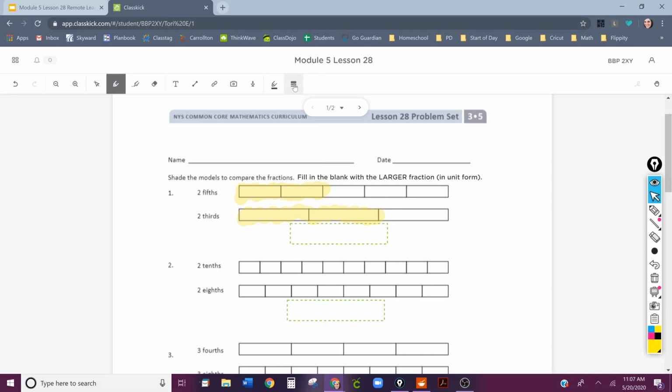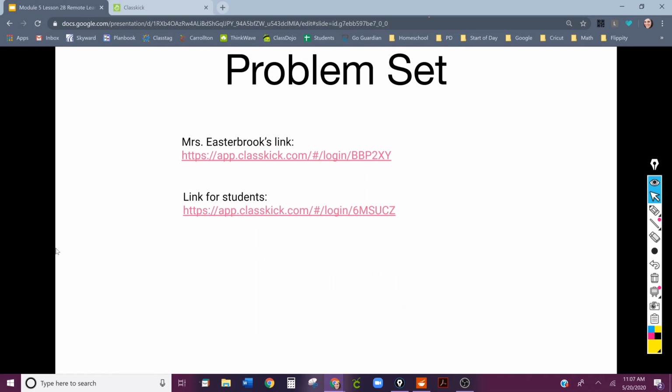Make sure it's not too thick. All right, so right now we have 2/5 and we're comparing it to 2/3. If we look and we draw a line here, we can see 2/5 is smaller. 2/3 goes farther and therefore is the bigger fraction.